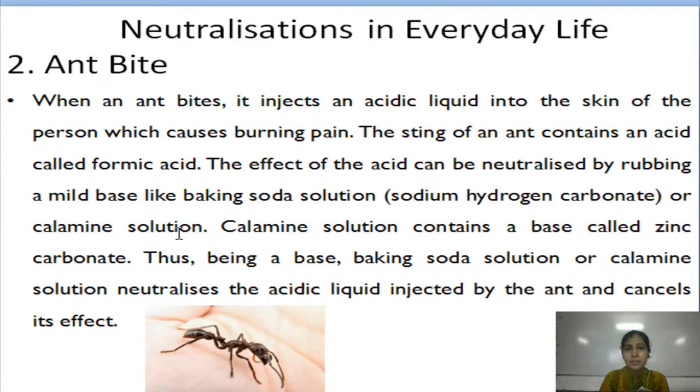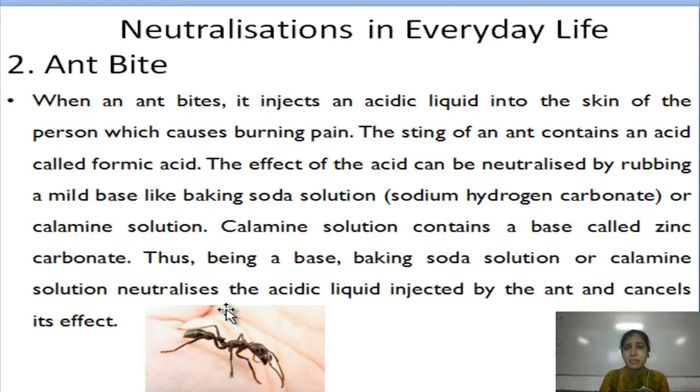Next is ant bite. When an ant bites, it injects an acidic liquid into the skin of the person and it causes burning pain. The sting of the ant contains an acid called formic acid. The effect of the acid can be neutralized by rubbing a mild base like baking soda solution, sodium hydrogen carbonate, or calamine solution.